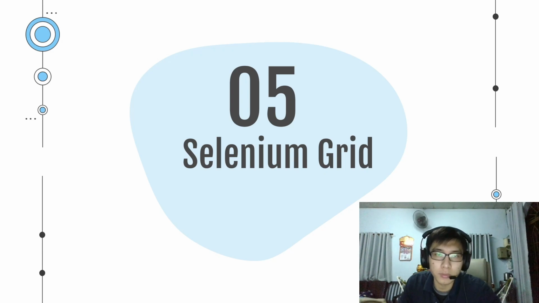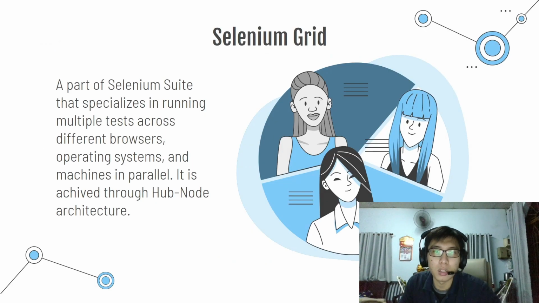So first up we will start with section 5, Selenium Grid. What is Selenium Grid? Selenium Grid is basically a part of the Selenium Suite. It specializes in running multiple tests across different browsers, operating systems and machines in parallel.